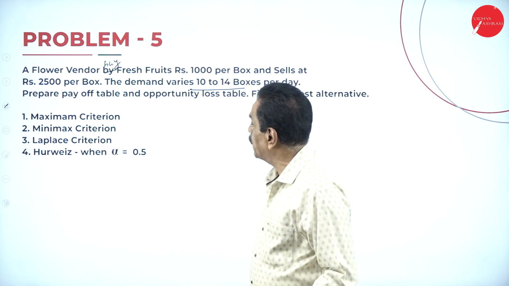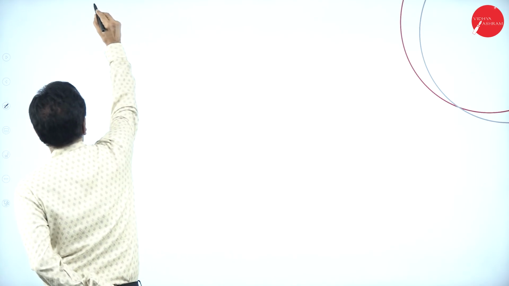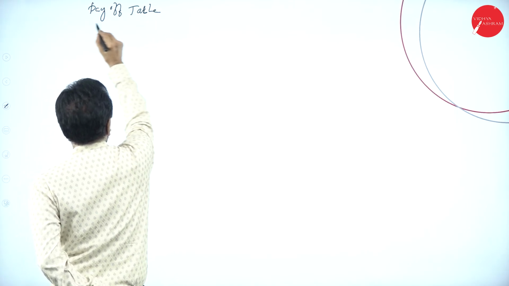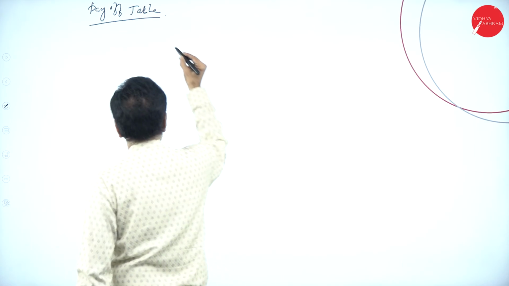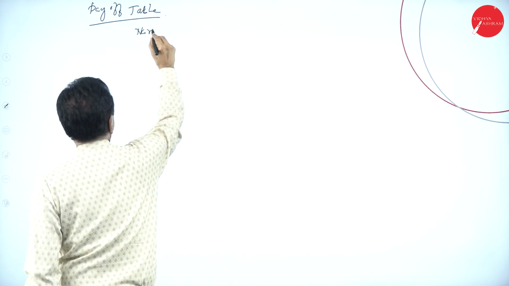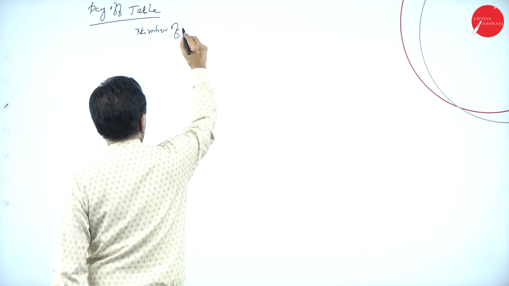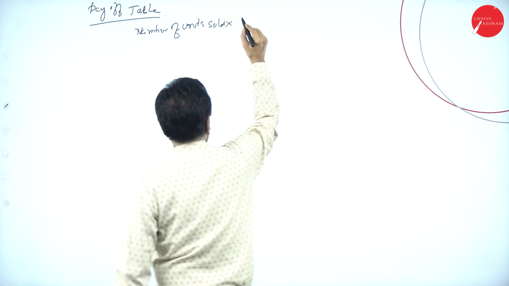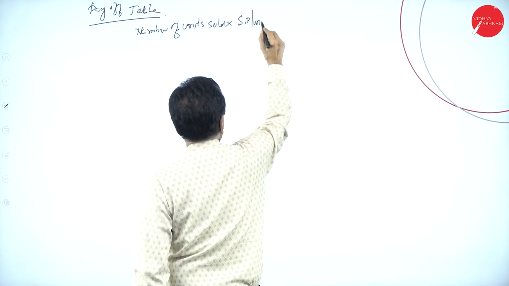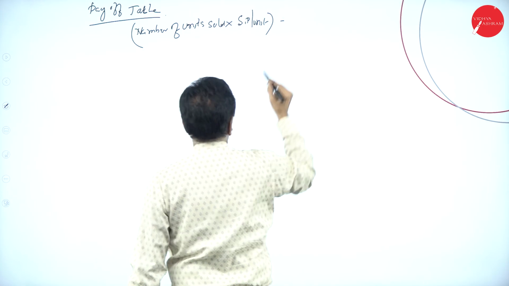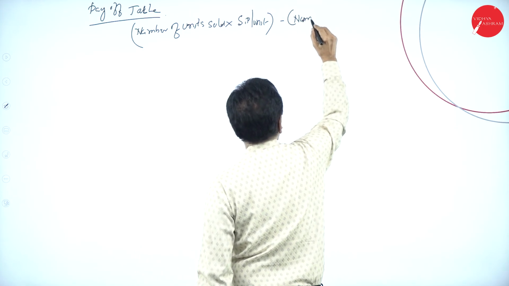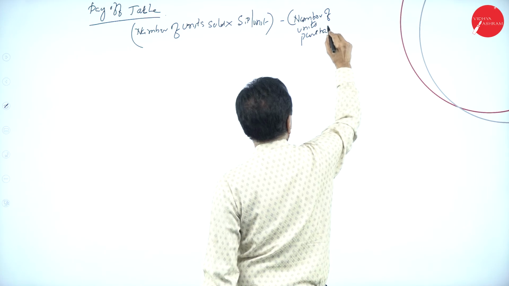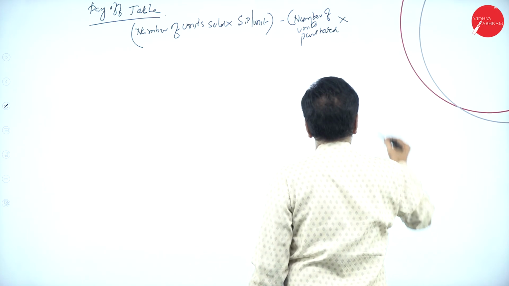First, we move on to the payoff table. Payoff is number of units sold multiplied by selling price per unit, minus number of units purchased into cost per unit.